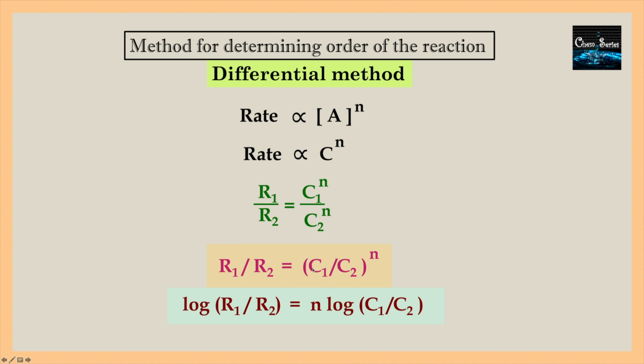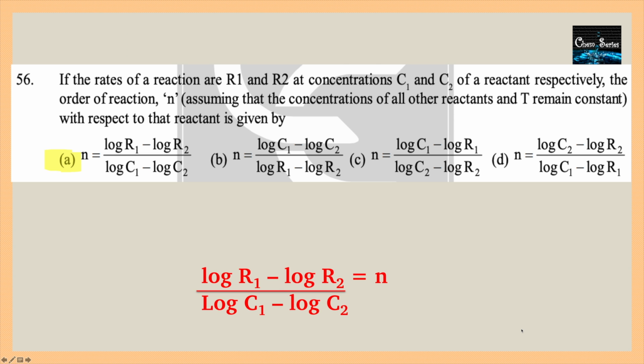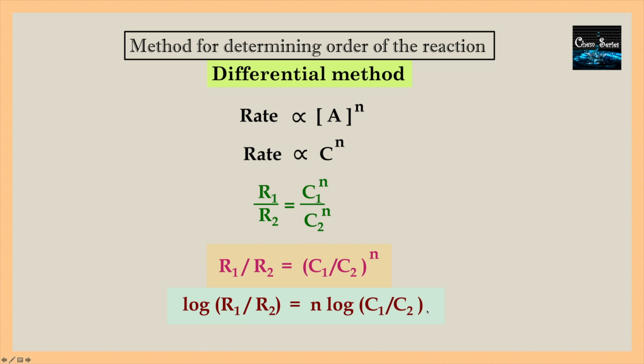Now you can take log on both sides so that n comes in the multiplication term, right? So log R1 by R2 is equal to n into log C1 by C2. Now you see, from the before equation, you have n on this side and log C1 by C2 on the other side.